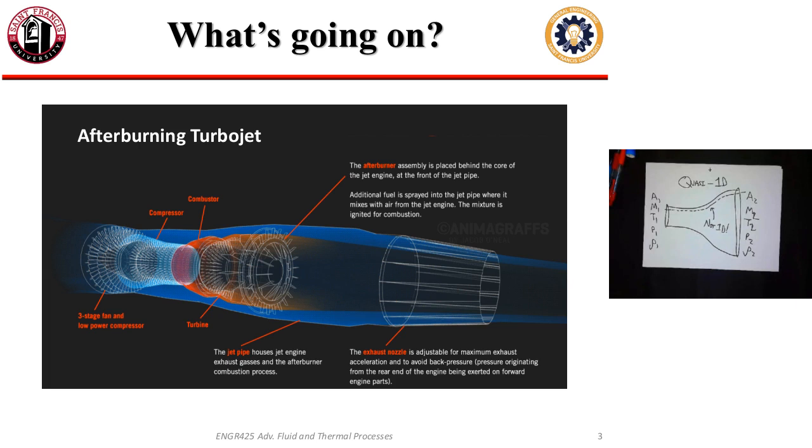In quasi 1D flow, we assume that the majority of the momentum is in the same direction, and any momentum changes occur in that same direction.